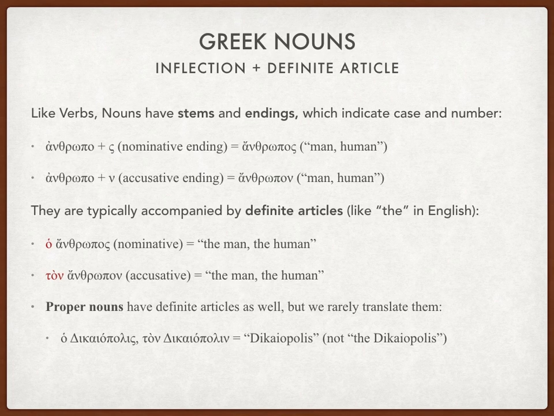The way we translate that, we would not say the Dikaiopolis, that's just his name, as silly as it would sound to say the Sarah or the John or the Jesus in class. Instead, I just say their name in English, Dikaiopolis, even if there's a definite article next to his name. The same goes in the accusative. If I have ton Dikaiopolin, that's his accusative name, I still say just Dikaiopolis. His name happens to mean just city, but we'll come back to him a bit later.